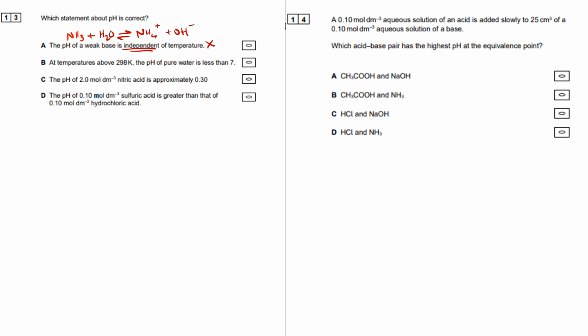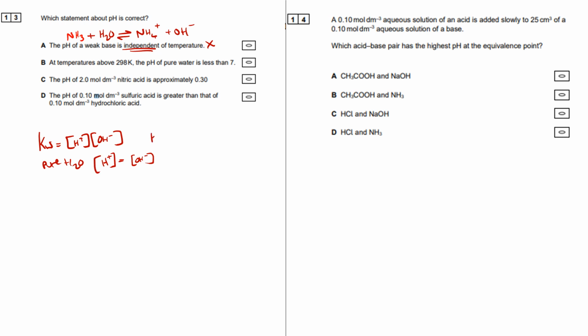At temperatures above 298 Kelvin, the pH of pure water is less than 7. So the pH of water can be worked out using the Kw expression. In pure water, the statement can be true that H plus concentration equals hydroxide concentration.